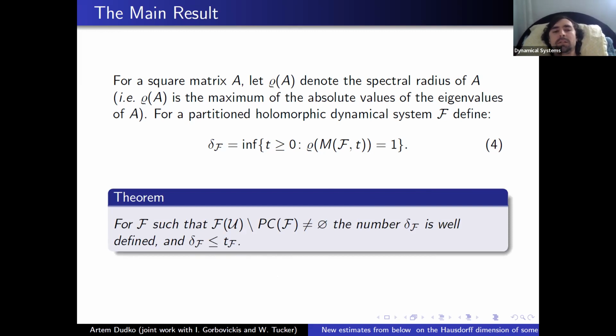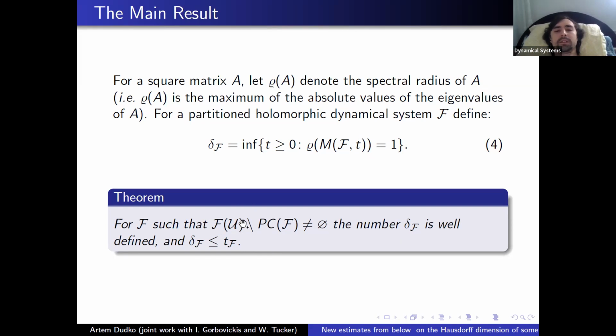We show that for the systems F such that its post-critical set, the closure of the orbit of critical points, does not cover all the image of the domain, the number delta F is well defined and is less or equal than the exponent Tf.